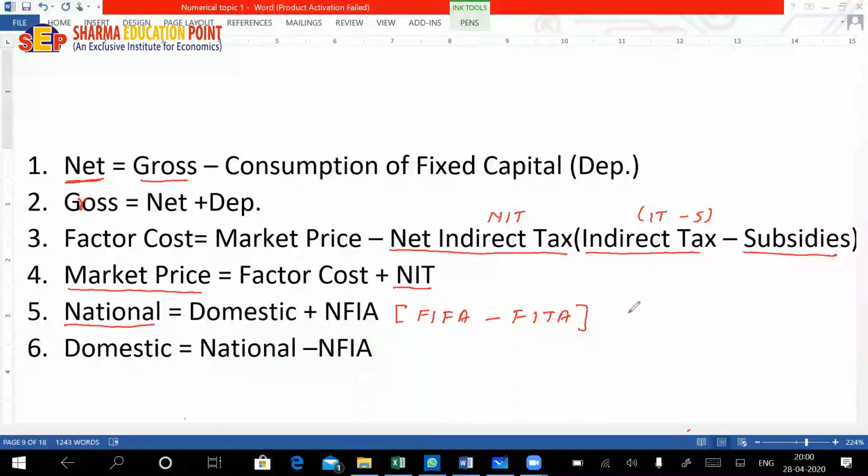So, or you can say received income from rest of the world minus paid income to rest of the world. So whatever you receive from rest of the world and whatever you paid to rest of the world, so received minus paid करना है, वो बनेगा NFIA. And vice versa, to get domestic, national minus NFIA. These are the six basic points.